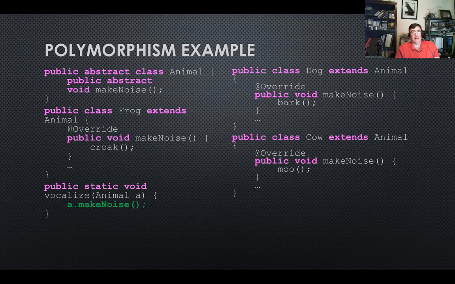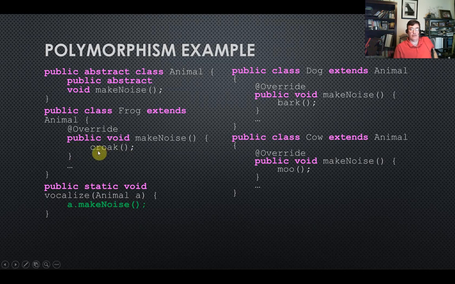So here I've got a class, animal, up in the upper left corner. Animal is an abstract class that has a method, makeNoise, which returns void and is abstract. So I'm saying every animal is capable of making noise. Now I'm creating a new class, frog. Frog extends animal, and frog overrides the method makeNoise, and it actually provides a method body.